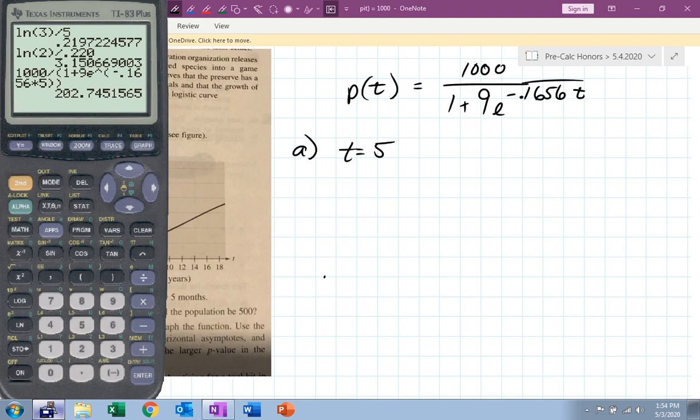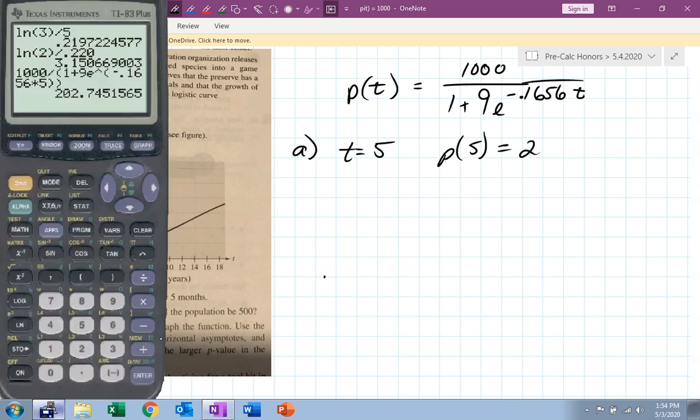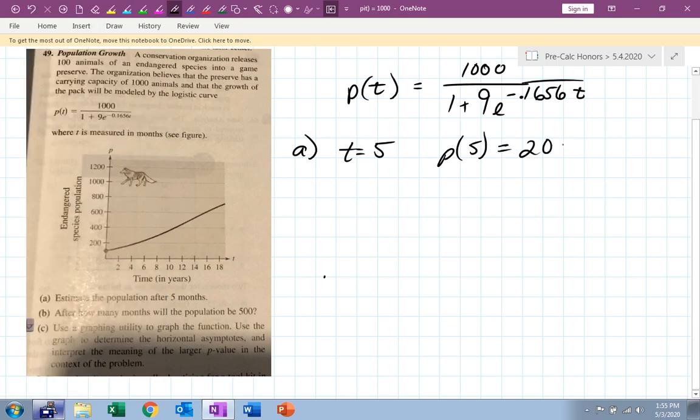It looks like I got around 202.7, so maybe we can round to 203. So P of 5. Oh, but it does say to estimate, so technically we're supposed to look at the graph. But the math is telling us it's around 203, and looking at 5 on the graph, that's basically 200.